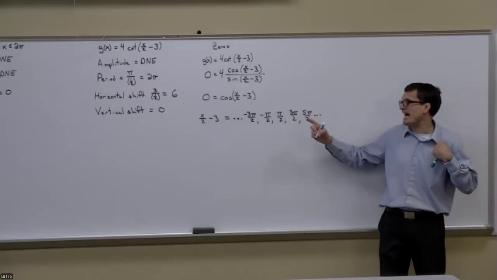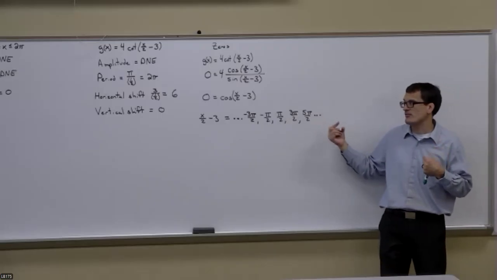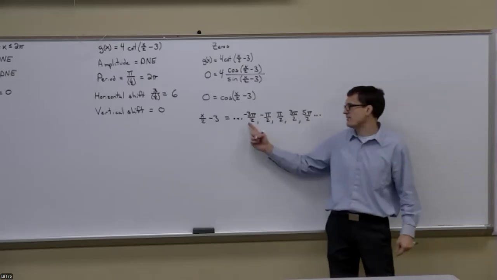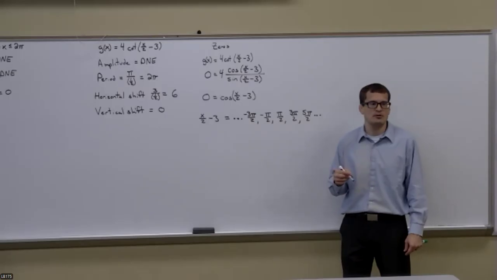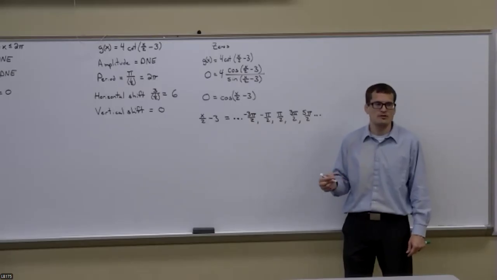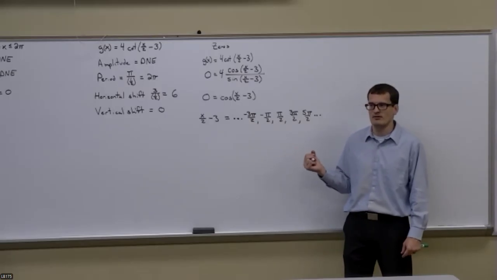I'm going to have to add 3 to both sides, which means add 3 to all of these. And then I'm going to have to multiply both sides by 2. Or if you'd rather, you can multiply both sides by 2 now.